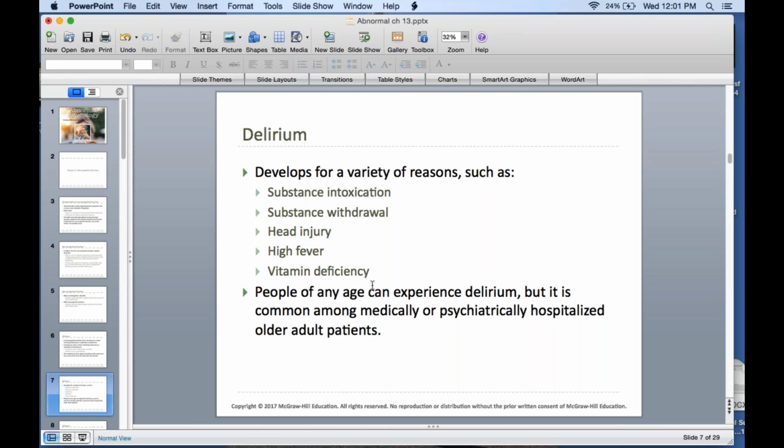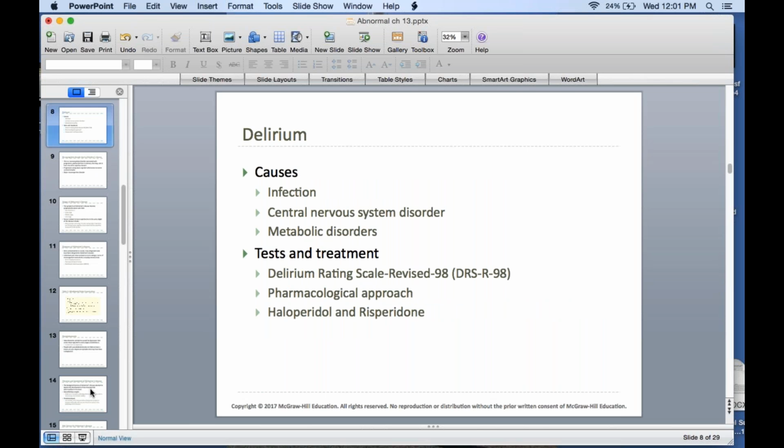Those kinds of things. People of any age can experience delirium, but it's really quite common among medically or psychiatrically hospitalized older adult patients. Maybe because of infection, central nervous system disorder, or metabolic disorders. These are the things we're going to use to see what's going on.